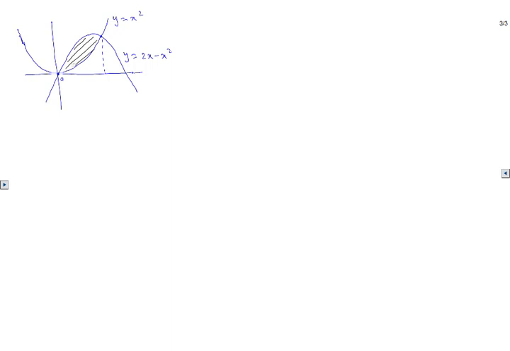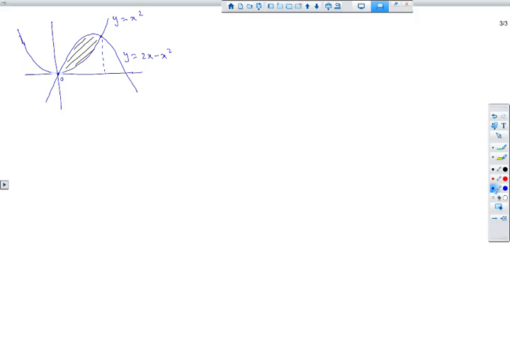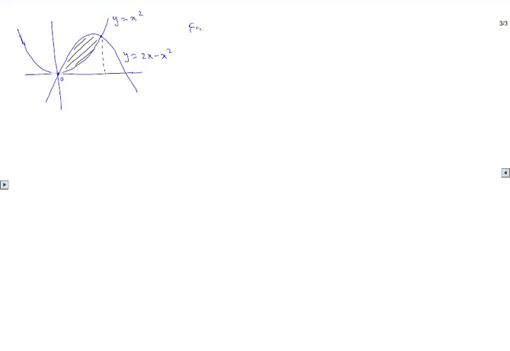So for the intersection points, what we do, we set them equal, because we know that at that point the y coordinates are the same. So we're going to say x squared equal 2x minus x squared.